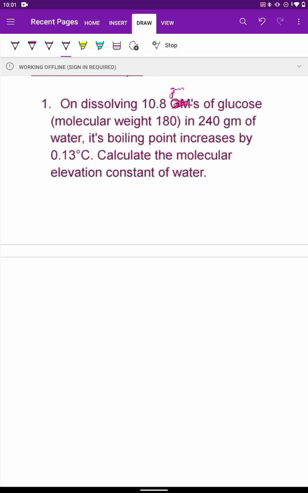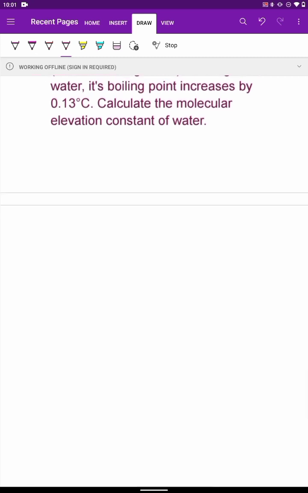For this we have discussed the equation earlier, and using that we will solve it. So first let us write down, we know delta T is equal to 100 K dash into small w, divided by capital W into small m.